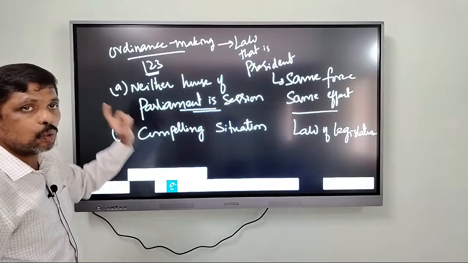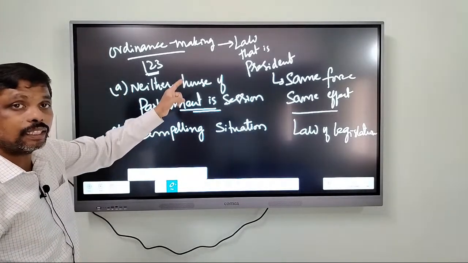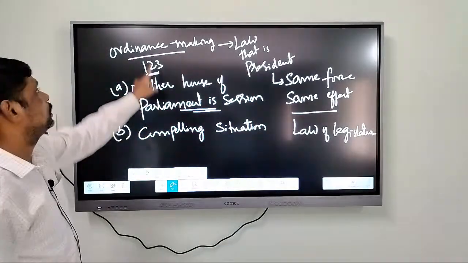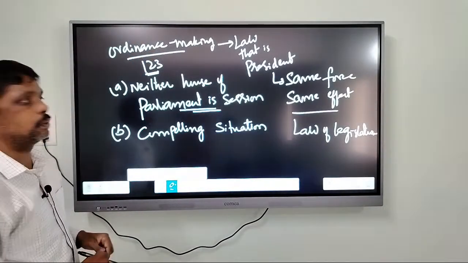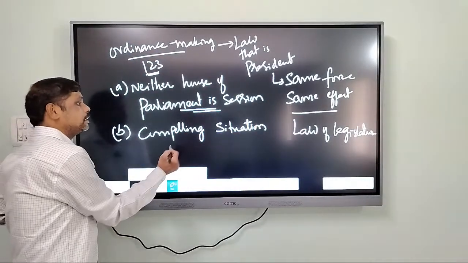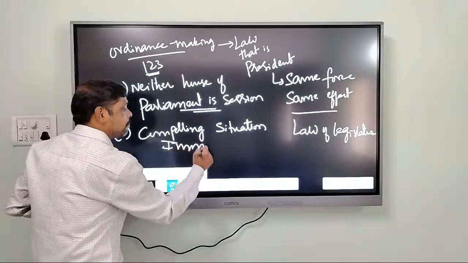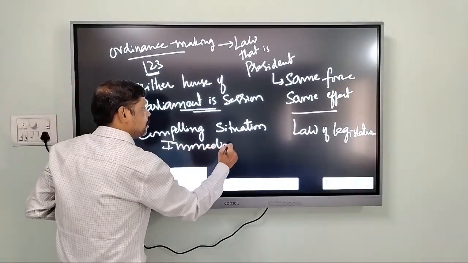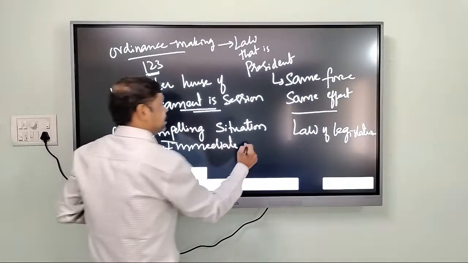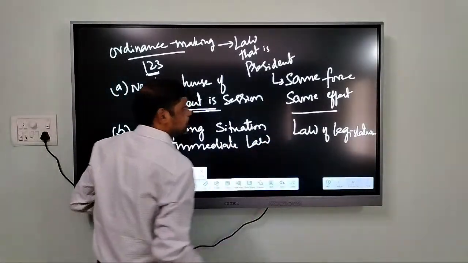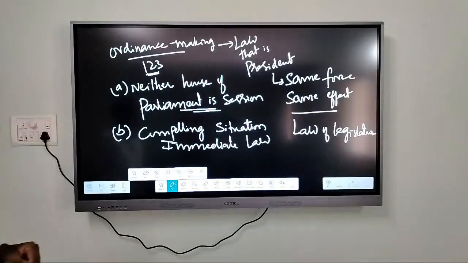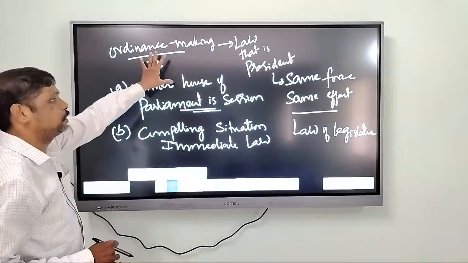And when there is no time for the president to convene the session of parliament, in such condition the ordinance is issued, right. So when there is a compelling situation which requires immediate law of parliament, it is in that situation this ordinance is issued, right?